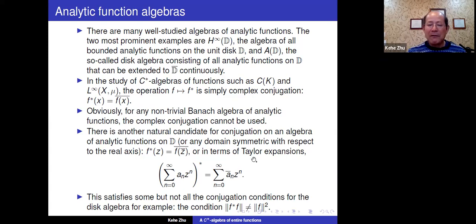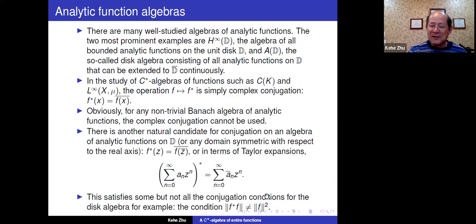But at least we have a candidate to try on certain function algebras. And the algebra I construct today, I'm going to actually use this as the star operation on the function algebra I studied today, a certain algebra of entire functions on the complex plane, and this operation will be well defined on that algebra.